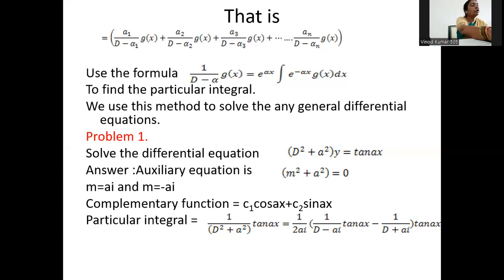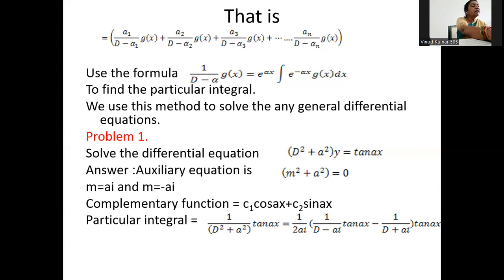Now, we know that the complete solution of this equation is equal to complementary function plus particular integral. My particular integral is equal to 1 by (D square plus a square) on tan ax. Here, D square plus a square has roots plus or minus ai. So, D square plus a square is equal to (D plus ai) into (D minus ai).